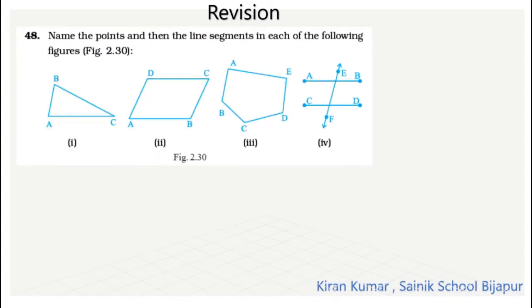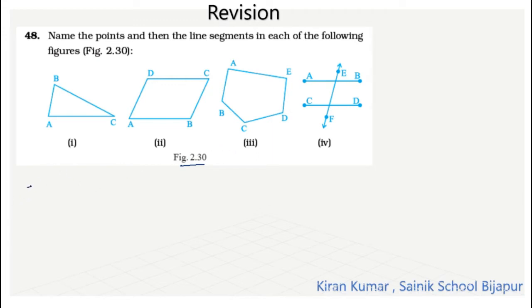Question number 48. Name the points and then the line segments in each of the following figures. Figure 2.30. In figure 2.30, there are 4 figures.